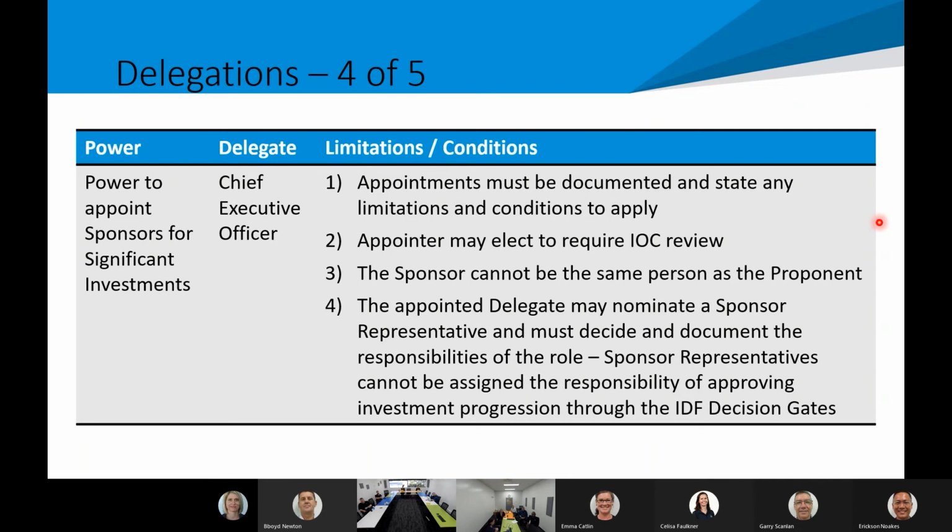The appointer may elect to require IOC review, which for significant investments, we've said it's not electing, it actually is required. The sponsor cannot be the same person as the proponent, the person bringing the forms and the stuff to the gate. And the appointed delegate may nominate a sponsor representative and must document that. And we'll talk about the sponsor rep.